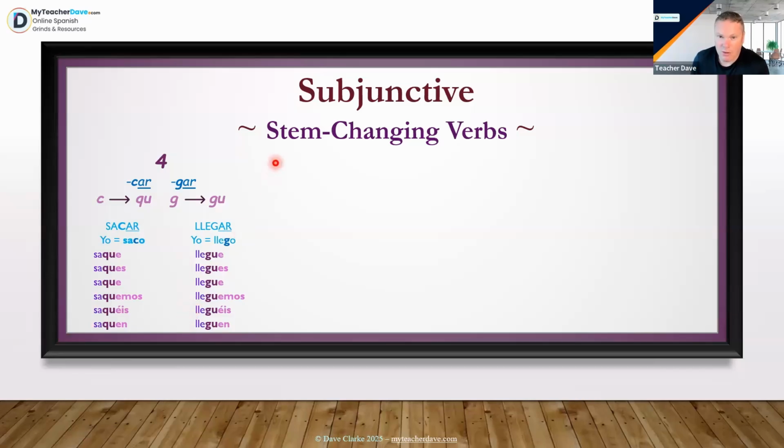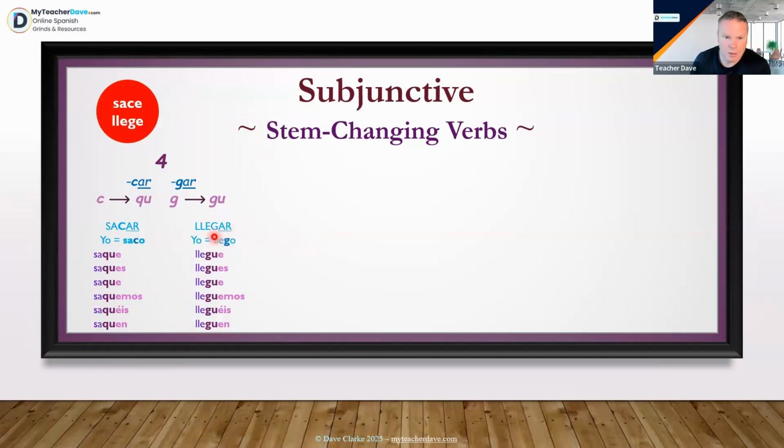Now, the big question really, I suppose, is why are we doing all of this here? Well, there's a very, very logical reason for it. If we didn't change this, let's imagine we have llegar. We know that it's llego, so we take off this O in the normal present tense and we simply put on the E. If we didn't, what would happen?